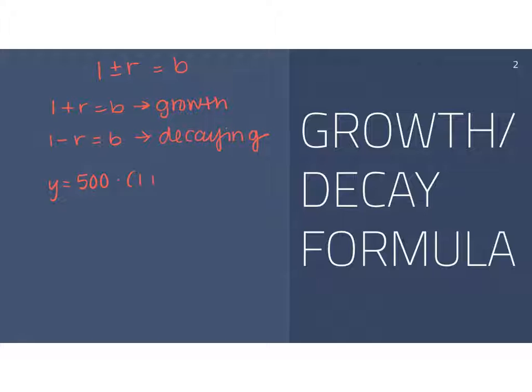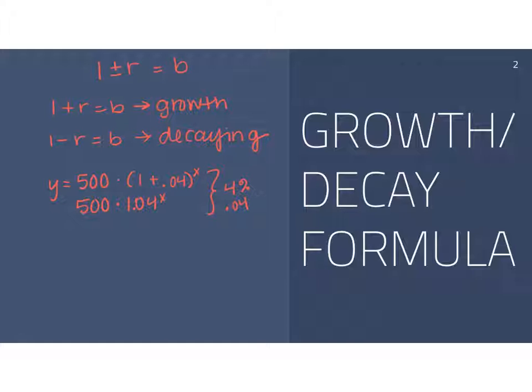That would be 1 plus 0.04, or 500 times 1.04 to the x. And this would be a rate of 4%, or 0.04.